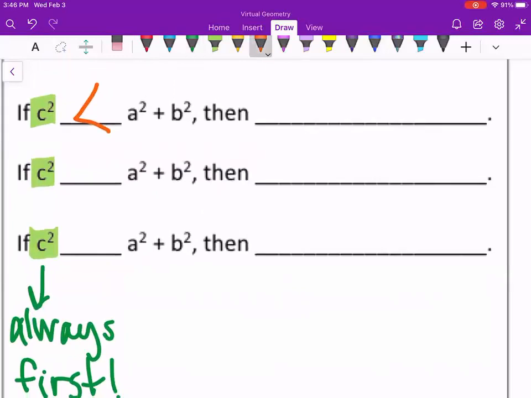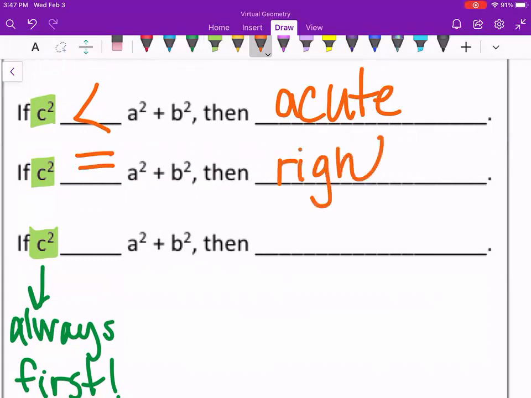If C squared is less than A squared plus B squared, then you have an acute triangle. All the angles are less than 90. If the two pieces are equal, then that's when you get the right triangle, because that is when A squared plus B squared equals C squared. But if C squared is bigger, if the hypotenuse is biggest, that is your obtuse triangle.